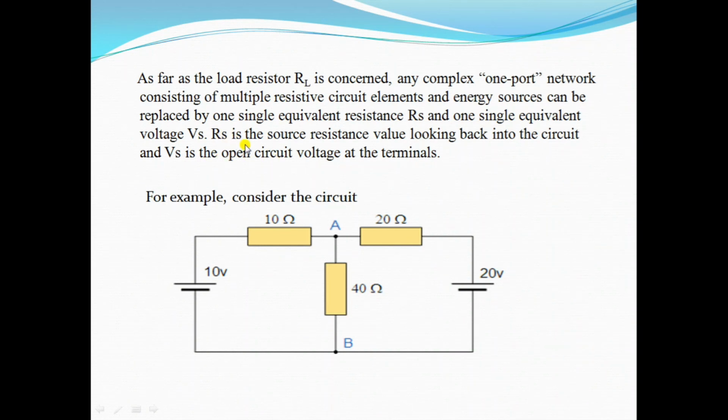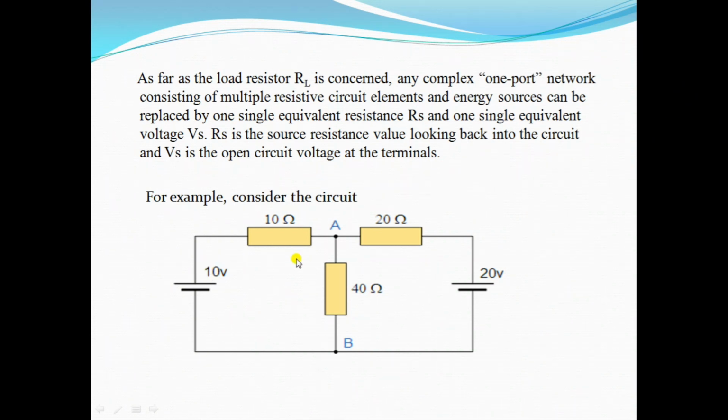The Rs or Rth is the source resistance value looking back into the circuit, and Vs or Vth is the open circuit voltage at the terminals.